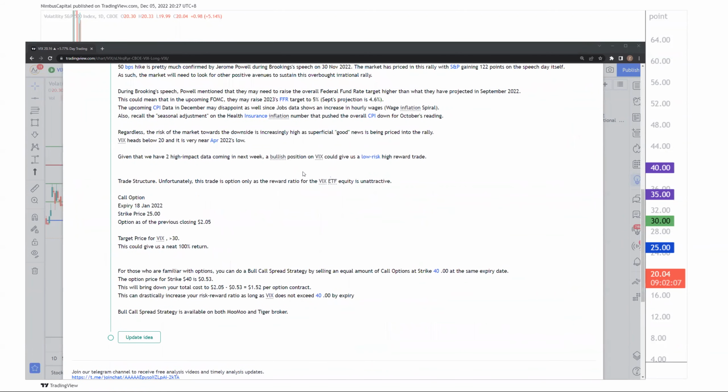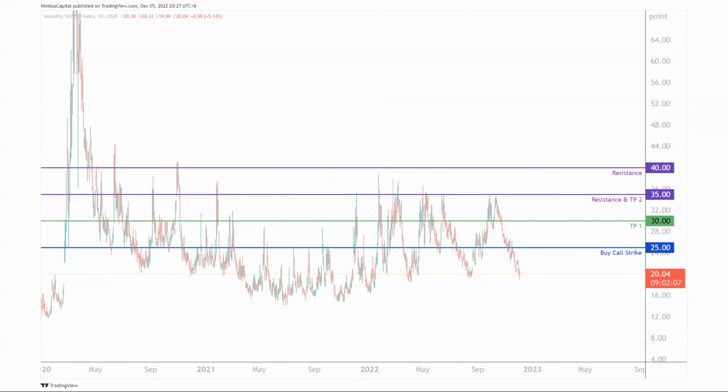In this strategy, there are two options. The first option is to simply buy the call option itself, which can be done. But if you want to squeeze out more risk reward ratio, or reduce your cost, you can do this bull call spread strategy, and then you can reduce your risk. I will be going into detail on how you can do it.